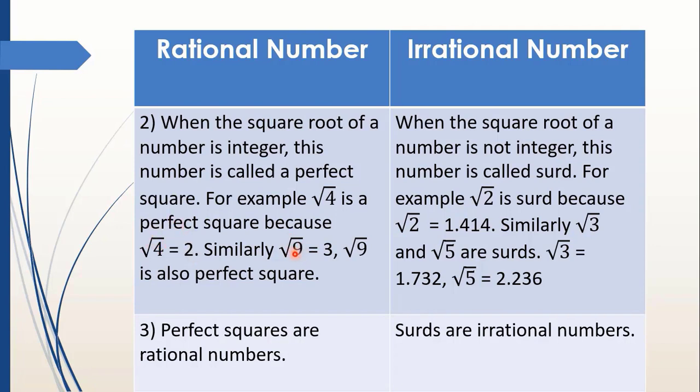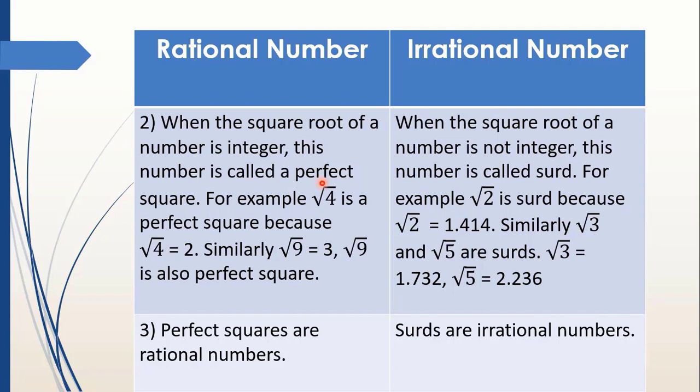Similarly, square root 9 is a perfect square because it equals 3. Similarly, square root 16 and square root 25 are all perfect squares, because the answer of their square root is an integer.